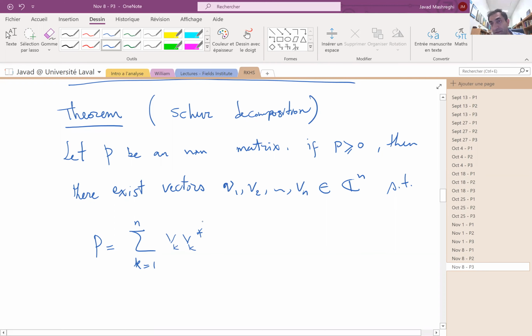This is the linear algebra notation. If you want to use the operator theory notation, this is the same thing as the sum k from 1 up to n of vk tensor product vk. It is the same thing.